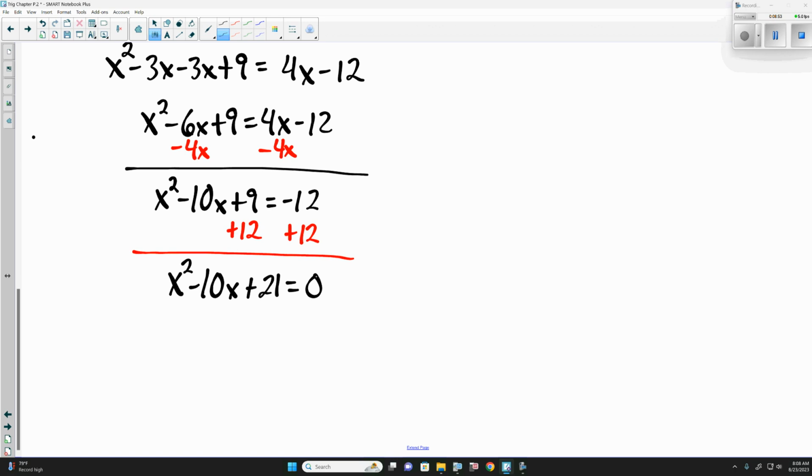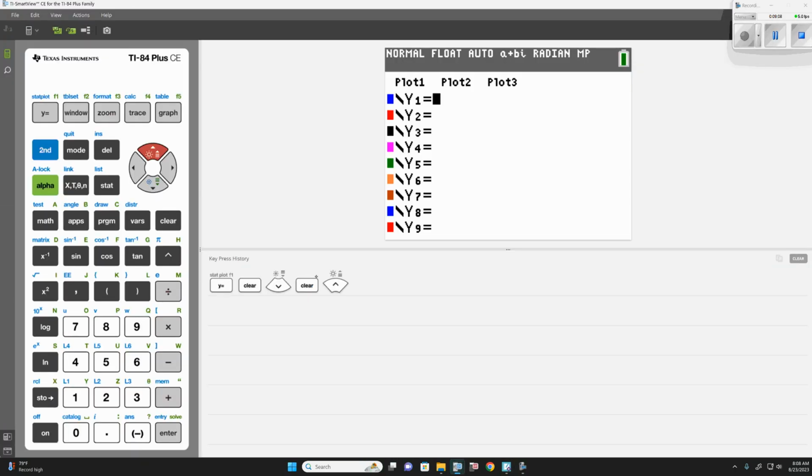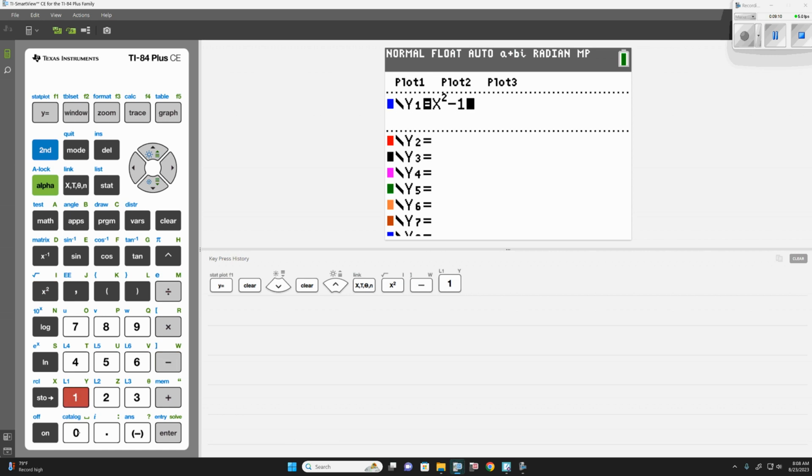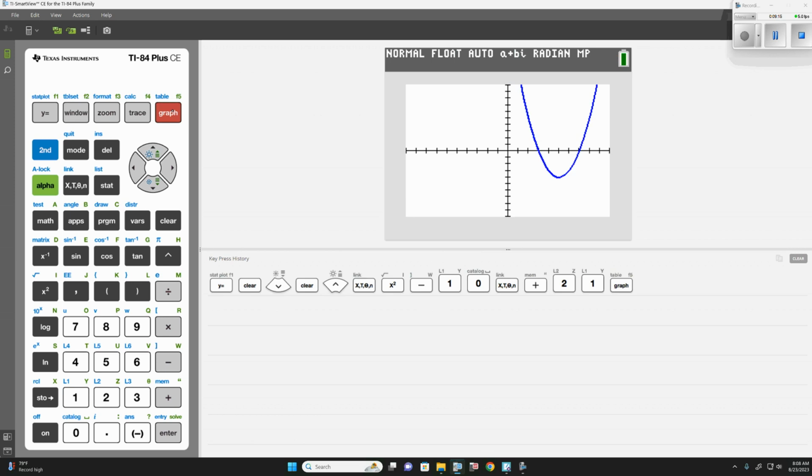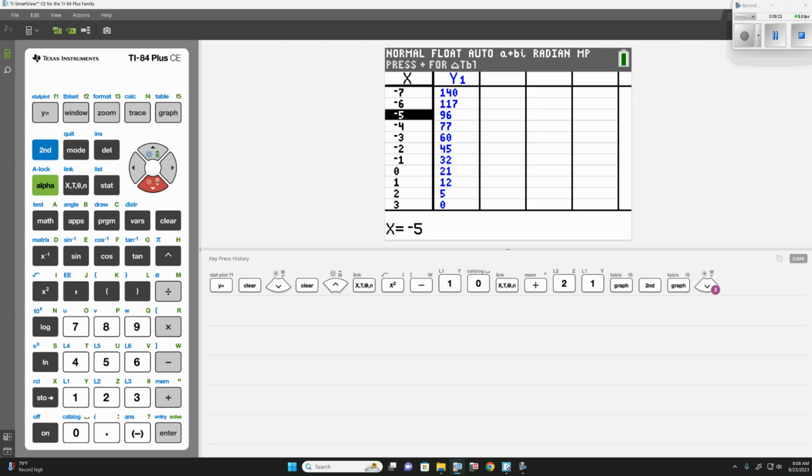Now the last thing we need to do before checking is to solve this quadratic. Do we want to graph it, factor it, or use the quadratic formula? We can graph it, x squared minus 10x plus 21. It crosses at 2 nice places, and those 2 nice places are 3 and 7.